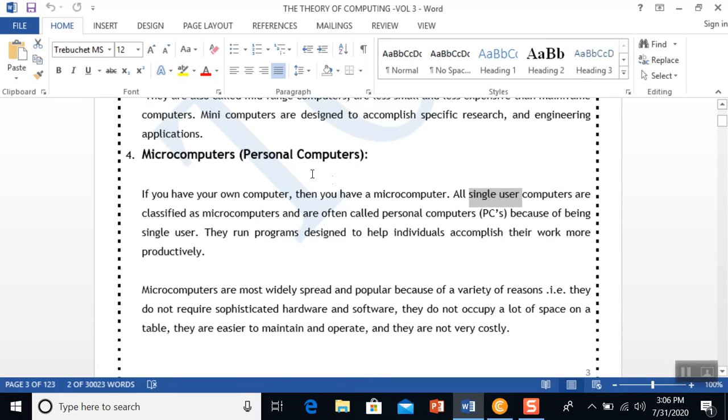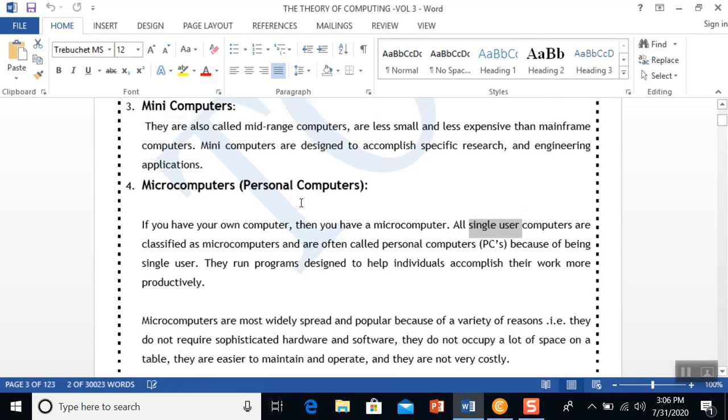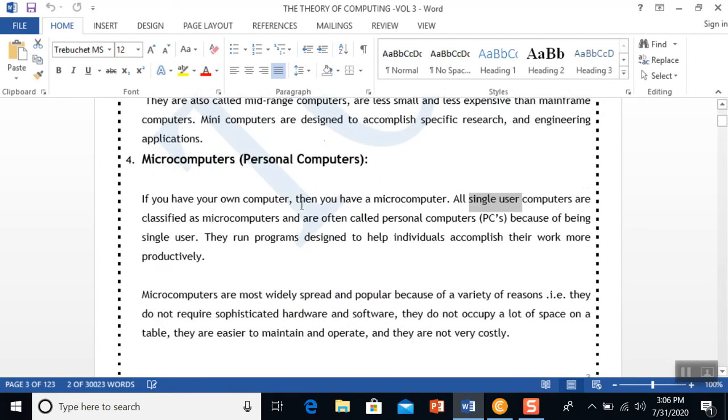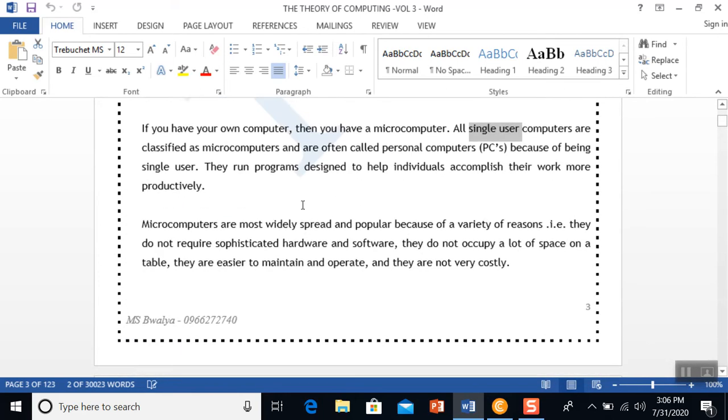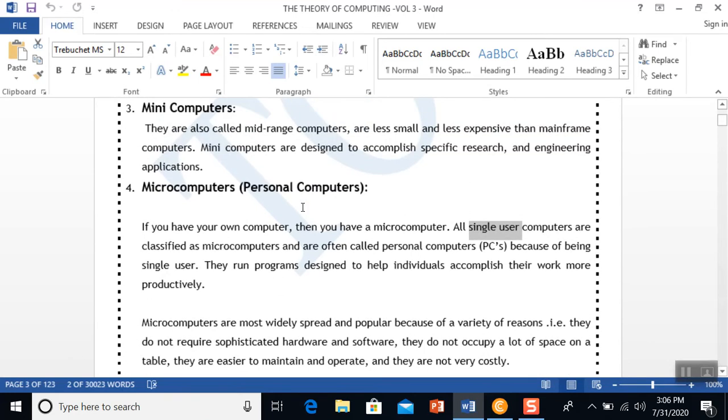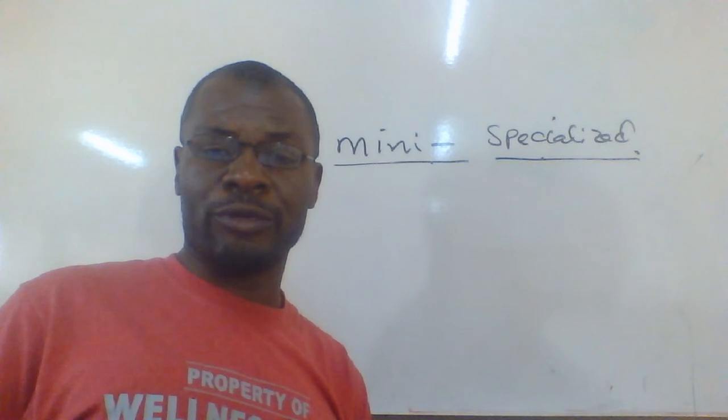So you need to think of microcomputers as personal computers, which are common nowadays. They are not very expensive, and an individual can afford this type of computer now. And it's the future for computing, because each and every one of us will need to have a computer.